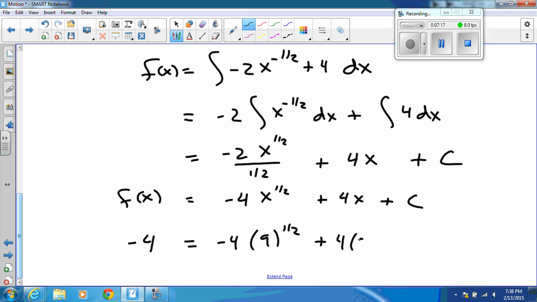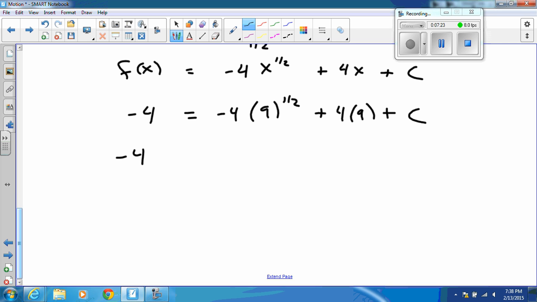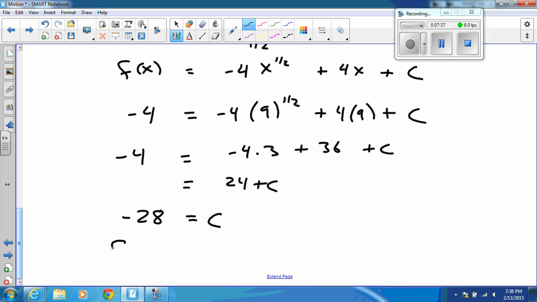When x is 9, then f is negative 4, so that I get negative 4 is equal to, let's see here, that's going to be negative 4 times 3 plus 36 plus c, which is 24 plus c, so that c is negative 28.